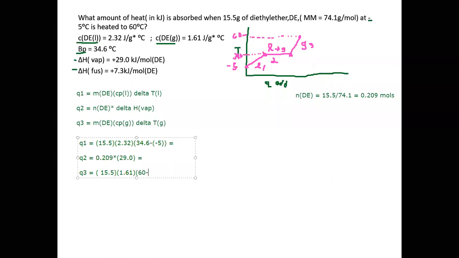So a very common mistake is students will use the temperature change of the entire phase transition. So now we're ready to, as they say, plug and chug. So let me go through and calculate all of these.